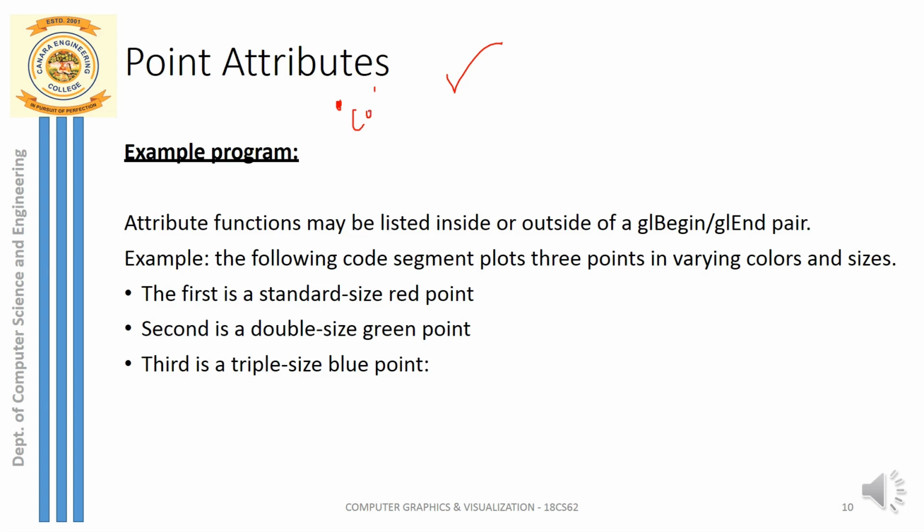You can assign color to the point, and you can have points of varying sizes. So how do we specify the size of the point? We have an OpenGL function to specify the size of the points, which we will discuss now.